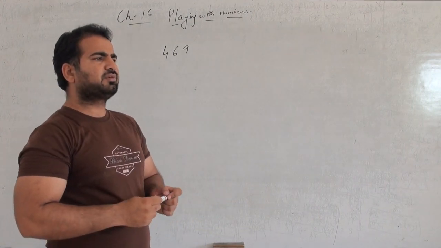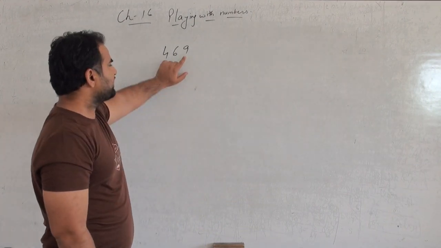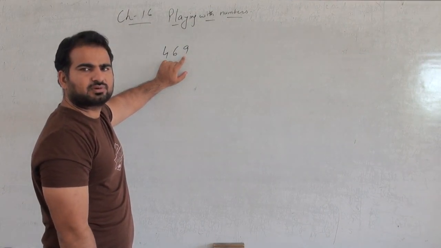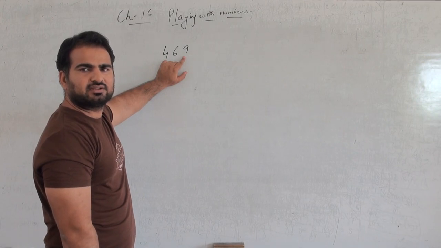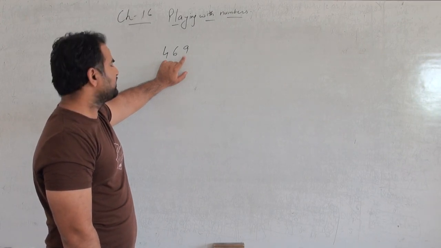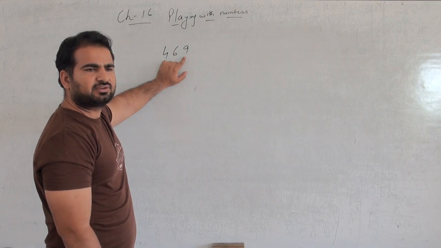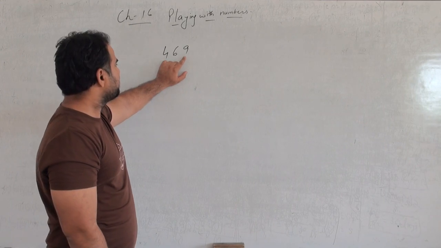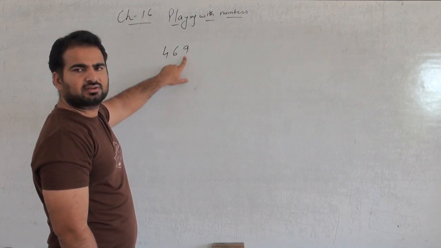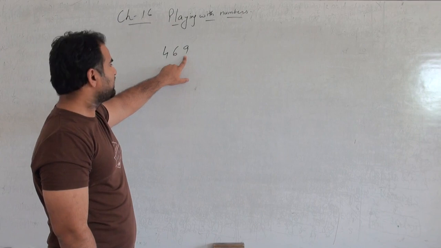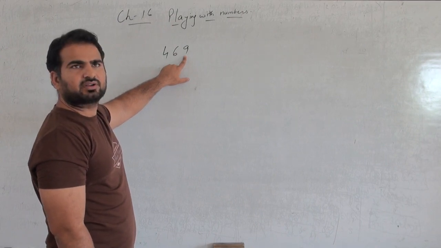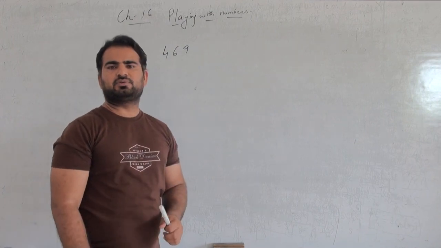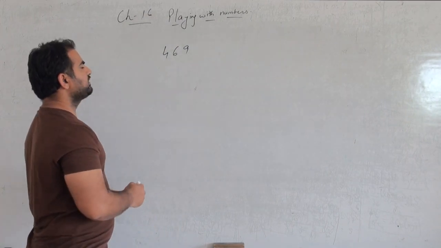So for checking a number that it is divisible by 2, the unit digit must be either 2, 4, 6, 8 or 0. But we can see that it is not an even number, it is odd number, and if it is odd then we cannot divide it by 2. So it is not divisible by 2.